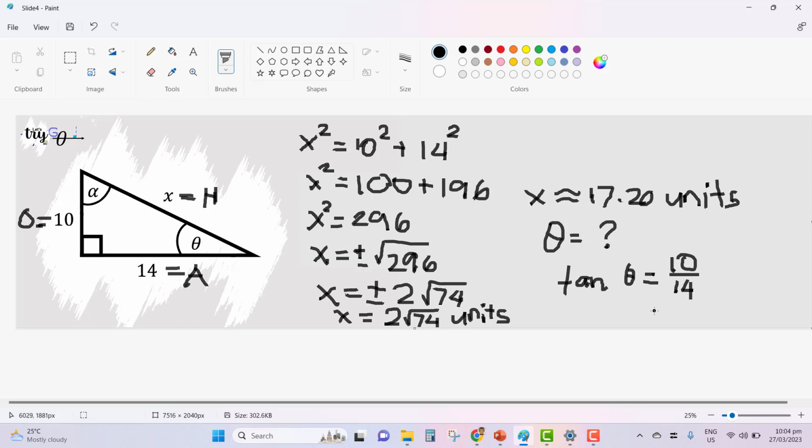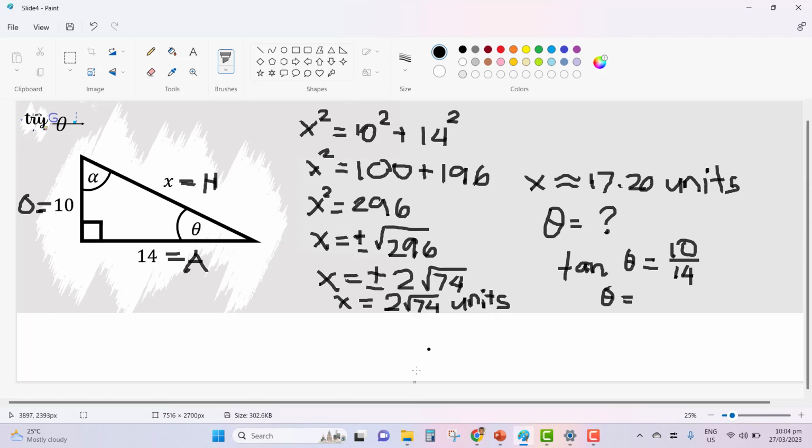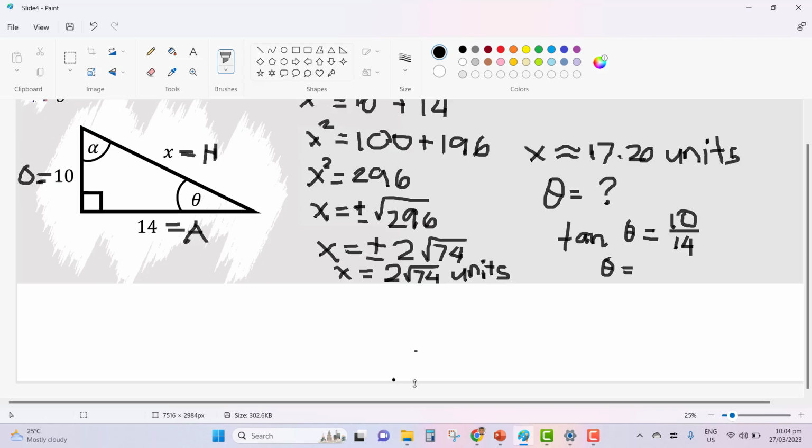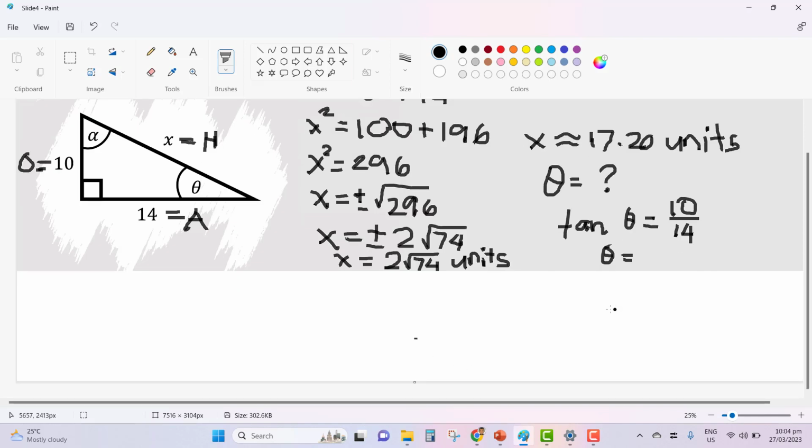But we are not solving for tangent theta, we are solving for the value of angle theta. In this case, let us use the inverse trigonometric function of tangent, and that is tangent inverse of the ratio 10 over 14.